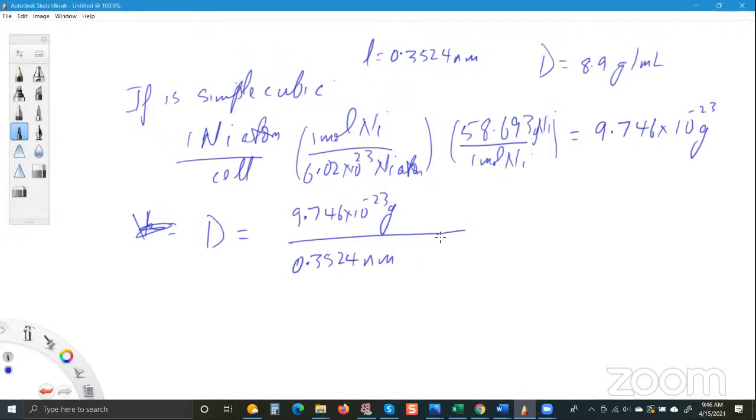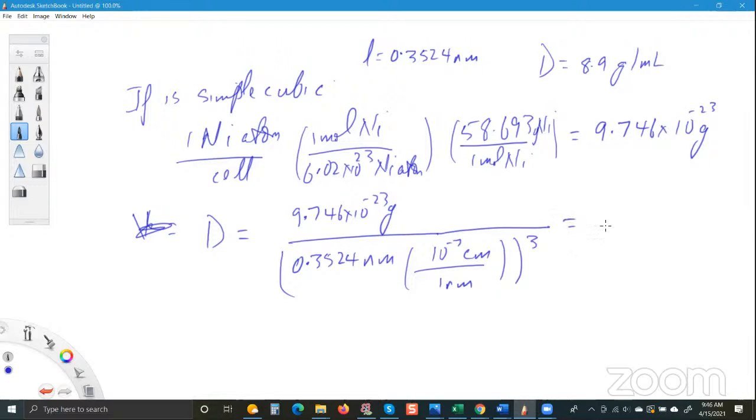And again, as I said before, we typically convert this to centimeters. So that would be 10 to the minus 7 centimeters equal to 1 nanometer, and we cube all of this right here.